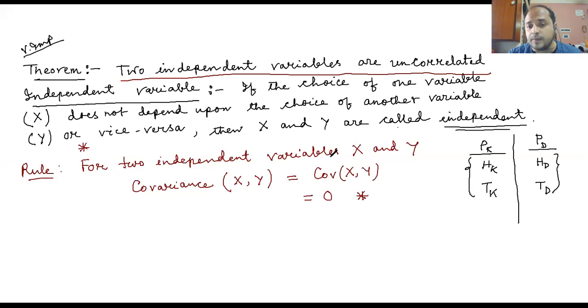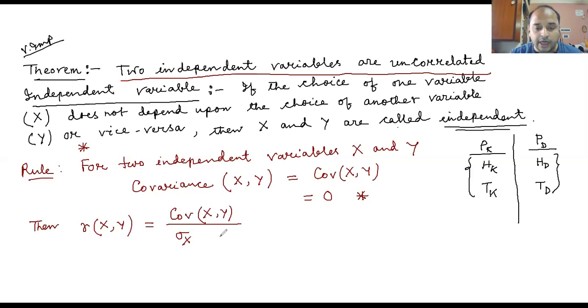So since for two independent variables the covariance between capital X and capital Y is 0, then what happens? You know the correlation coefficient Rxy is given by the formula covariance of X, Y divided by the product of sigma X and sigma Y. So when the covariance of XY is 0, we can put 0 over here and the result becomes 0.